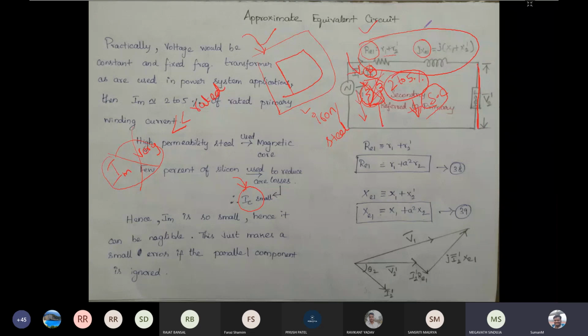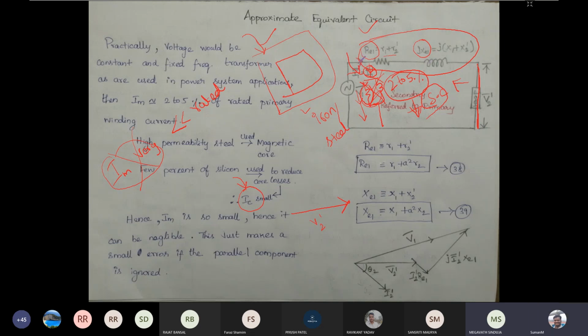So from this you can draw the phasor diagram. Once you draw the phasor diagram, we have to start from the extreme. So V2 dash is the voltage that is at the extreme end. So you can consider V2 dash at the extreme end. Then there is some current which is going to flow through this path.